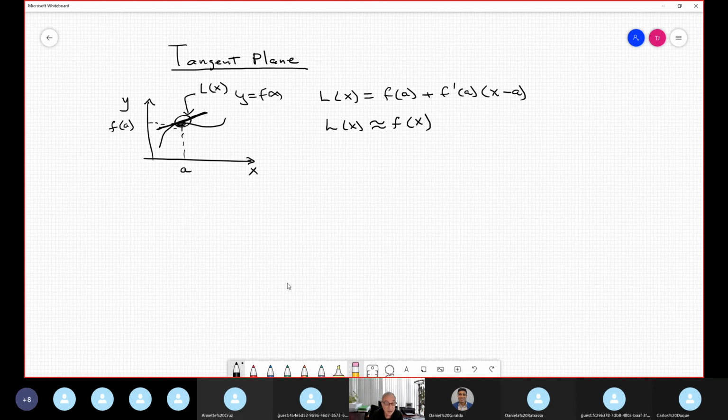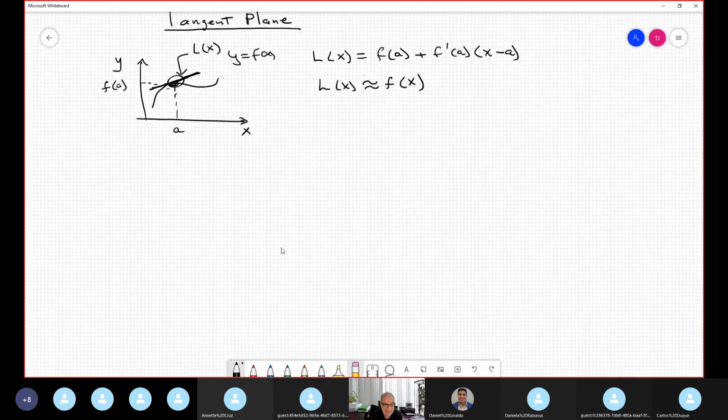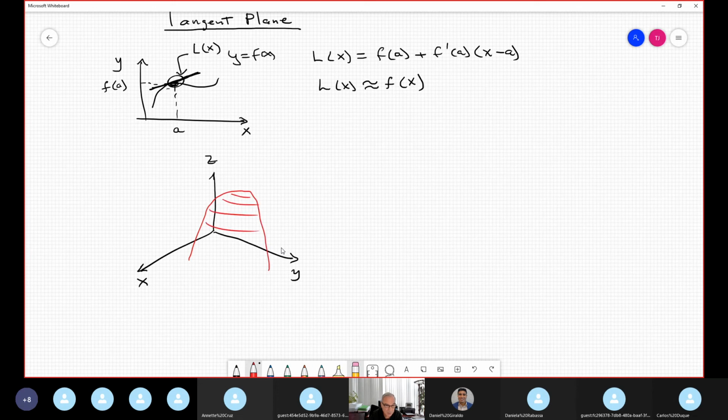So now in 3 dimensions we are doing exactly the same. We have a surface, like that. Okay, surface.